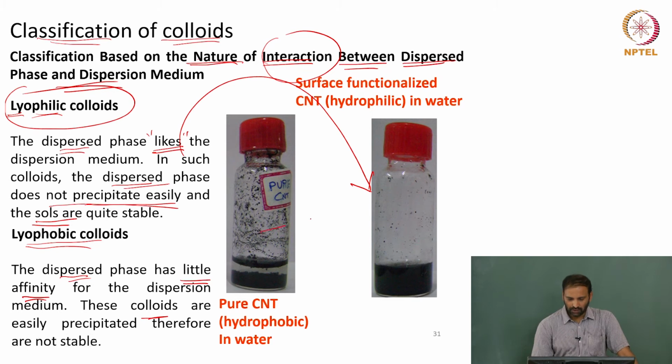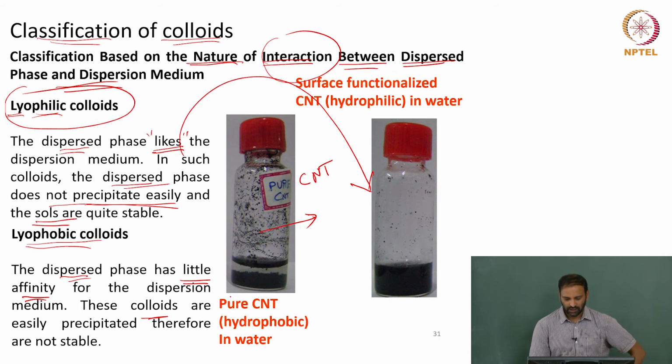What you are looking at, vial 1, is this: we went to one of our colleagues' labs and got CNT, carbon nanotubes, which are commercially available. We put these particles in water and tried to mix them. As I said, for mixing, people typically use sonication, high energy mixing, or manual shaking, depending on the kind of system you're working with.